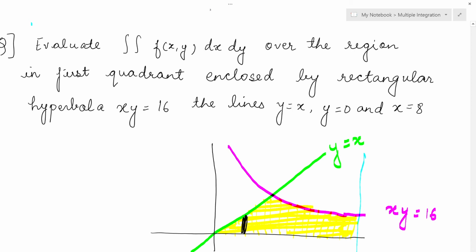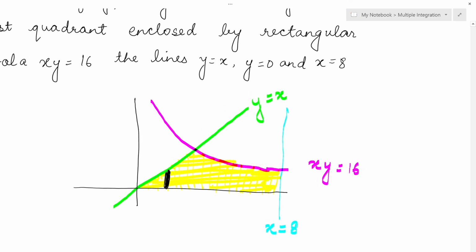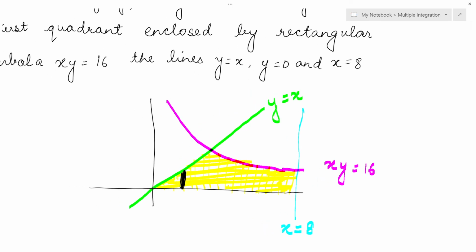Now look at this strip. This strip touches the x-axis at the lower end, and up it touches the green line. When we move further, if the strip goes from left to right, here see now the strip will touch the x-axis at the lower end, but the upper end is changing, it is touching xy is equal to 16.